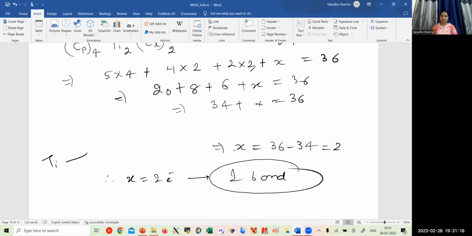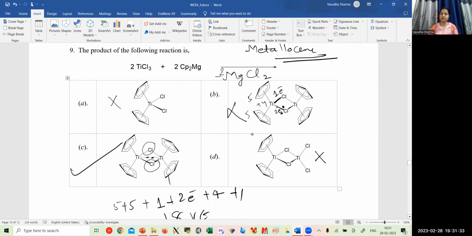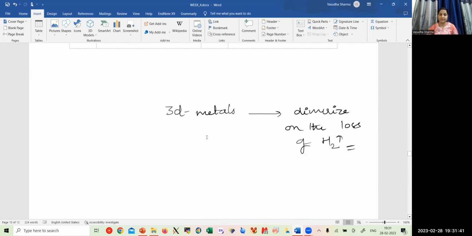So a titanium-titanium bond, metal-metal. From one single concept, you can answer so many questions. So one metal-metal bond is there. If you know this, then you can just see the answer and mark it. For that matter, you need to know the total valence electrons.